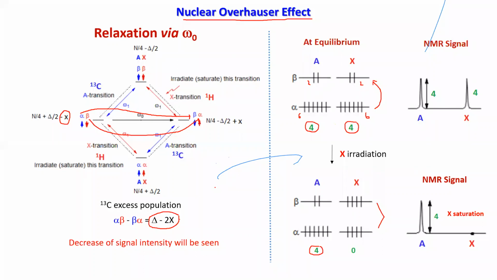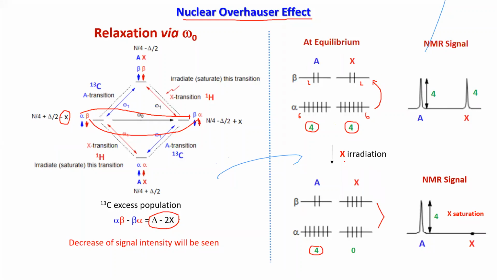If you do the saturation of the proton nuclei, you have to irradiate the proton nuclei externally, so that they can quickly undergo saturation, while you do not have any irradiation on the 13C nuclei right now. Before irradiation, this is the distribution: your proton has ground state 6, excited state 2.